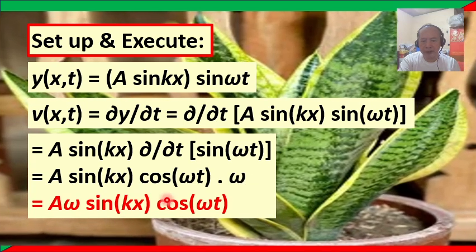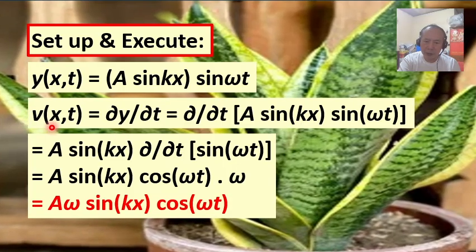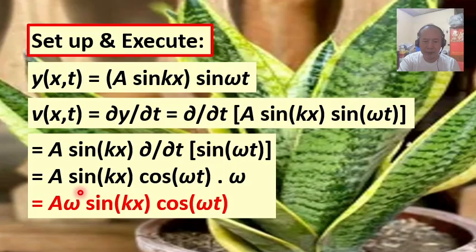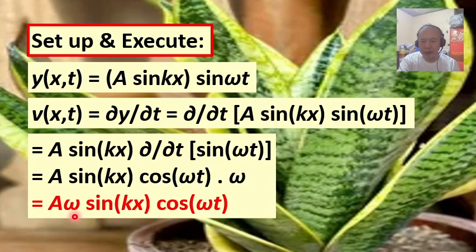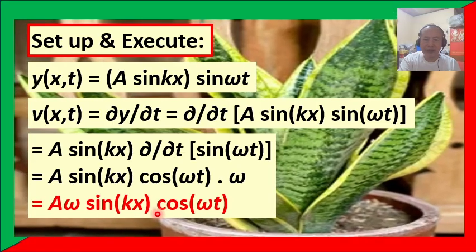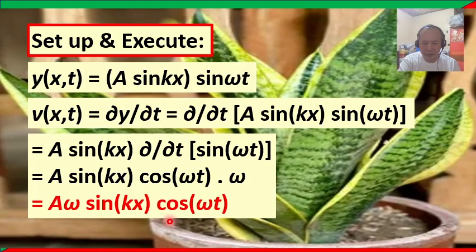So we arrive at this simplified equation for the transverse velocity Vy with respect to the time t equals capital A multiplied by omega, times sine kx and multiplied by cosine omega t.